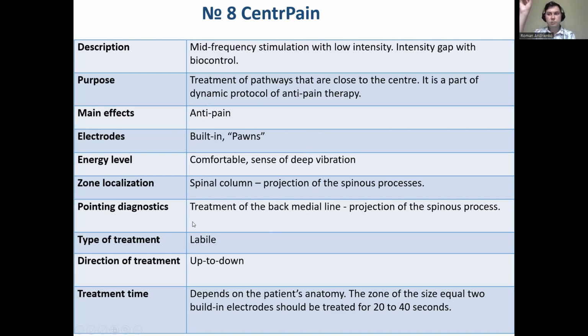We go strictly up to down, labile way, and the treatment time depends on the patient's anatomy. The zone of the size equal to 2 built-in electrodes vertically should be treated for 20 to 30 seconds. So approximately 20 seconds for this particular zone. Going really, really slowly.